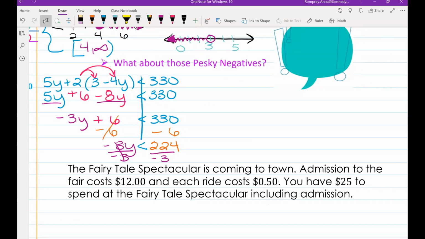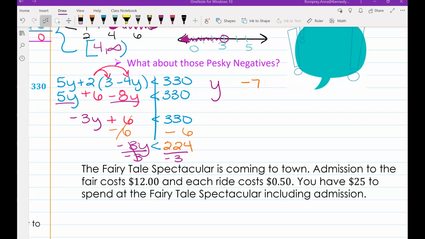So y is, I'm going to leave this blank for a minute because I'm going to show you something. So 224 divided by negative 3, so that is going to give us a negative 70. Does that not divide evenly? No, it doesn't. Let me look back and check my math.